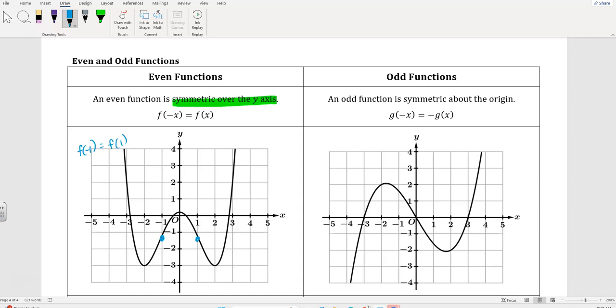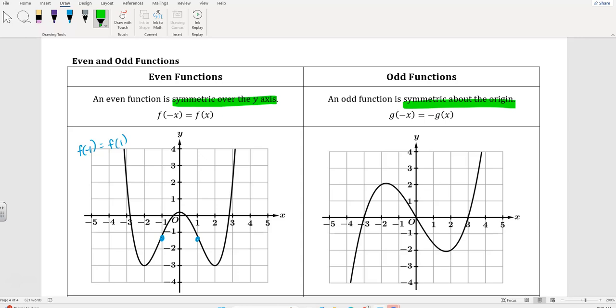So this is an even function. Okay? Odd functions are a little tougher to see, just given what you're looking at. An odd function is symmetric about the origin.